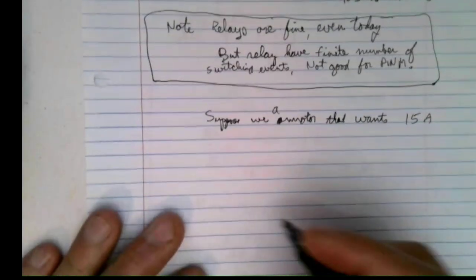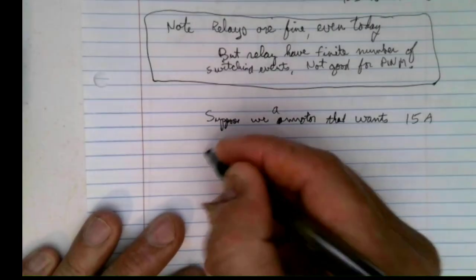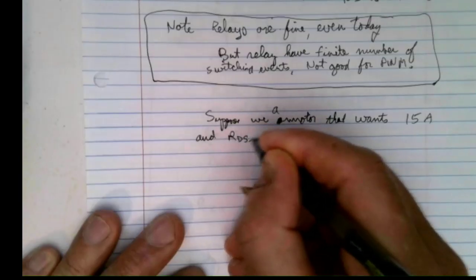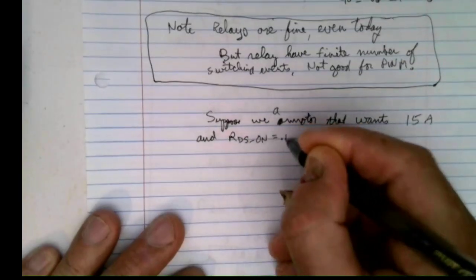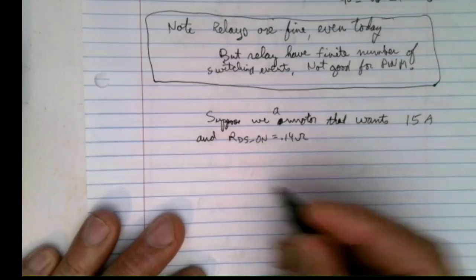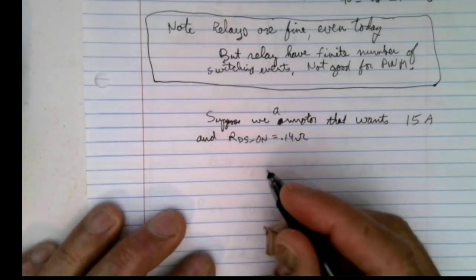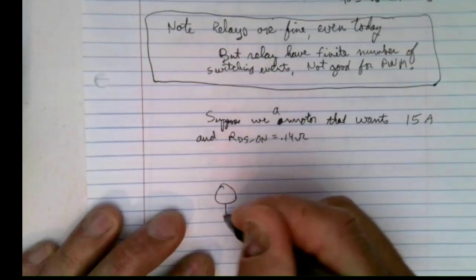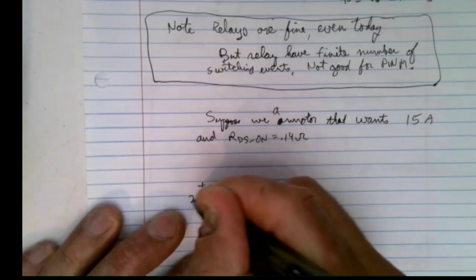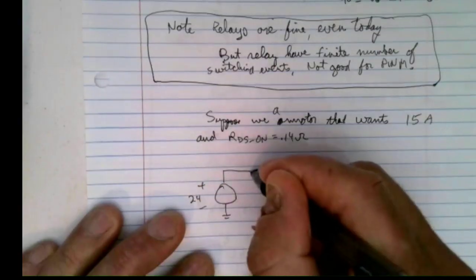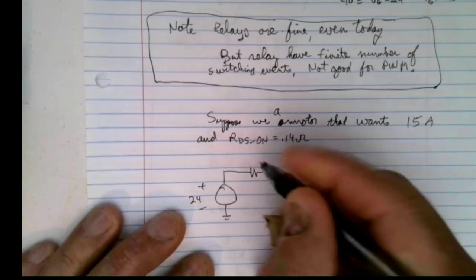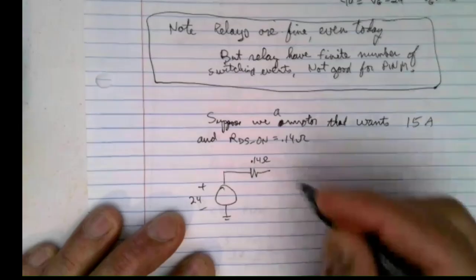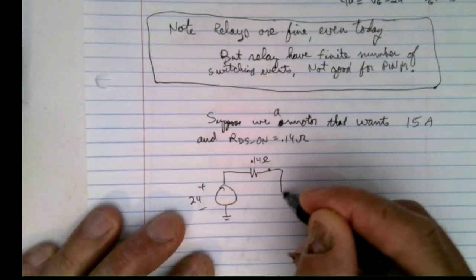So what does this mean for an RDS(on) equal to 0.14 ohms? Here's your resultant schematic in the on state, plus or minus 24 volts, and your FET on-resistance is 0.14 ohm. You get to replace the FET by a resistor of that value, and then your motor is here.